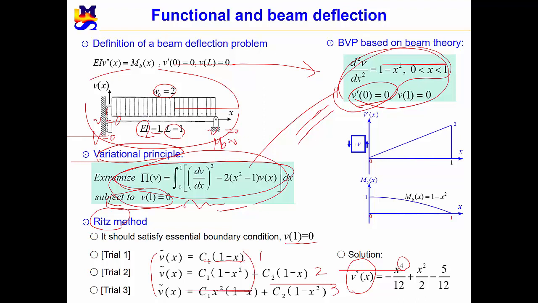Okay, now we have to plug these functions in this functional to fold the problem down from heaven to earth. That is, from infinite dimensional function space that can be handled by God to finite dimensional function space that can be handled by human beings.